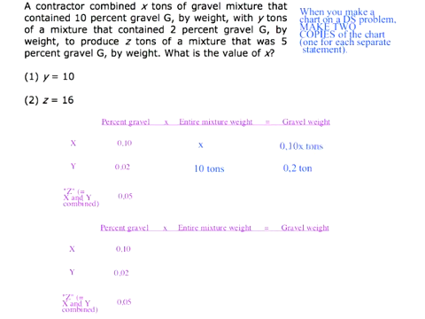And these add up, right? This is combined weight, so that's X plus 10 tons. Tons, if you're from England, spelled like that. And you can also add these: 0.10x plus 0.2. And that's an equation, right?